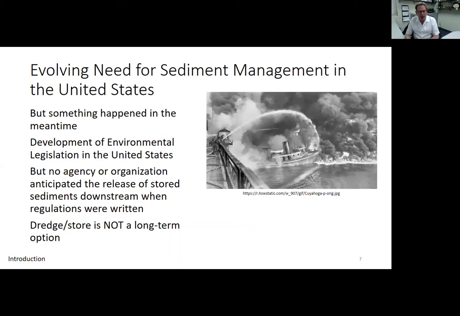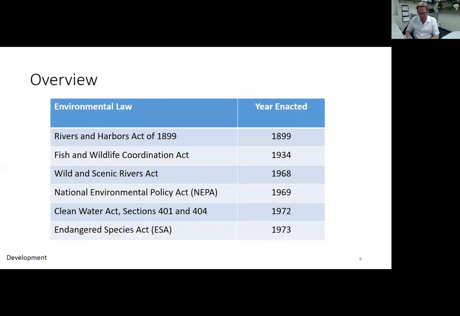And I'd just like to remind all of us that dredging deposited sediments from a reservoir and storing them somewhere in the watershed is just not a viable long-term option. So the question is then, how can we begin to manage our sediment at reservoirs by using various techniques to move that sediment downstream? So now I'm going to ask David to talk about the development of this environmental legislation, and then talk to us about the core procedures. David?